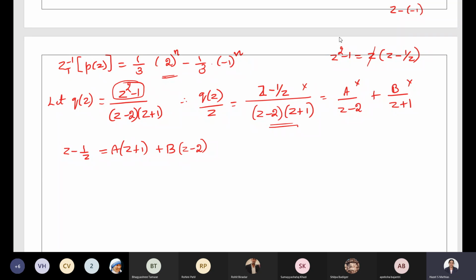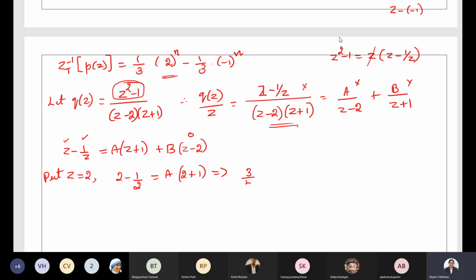Now, we shall put different values for z. First, we shall put z equal to 2. If I put z equal to 2, this term will become 0. But here also we need to do the substitution. It will be 2 minus half, that is equal to a into 2 plus 1. B will be 0. So what is 2 minus half?